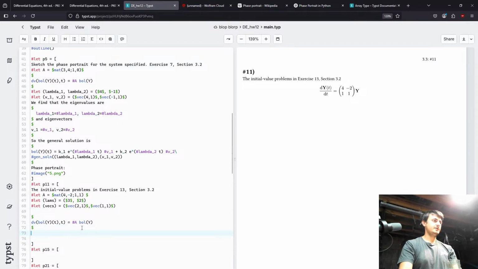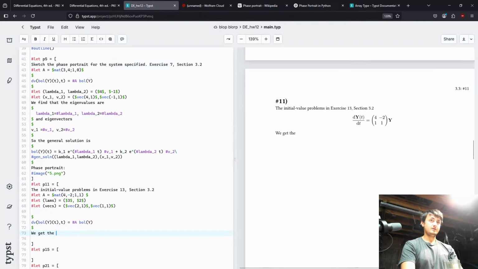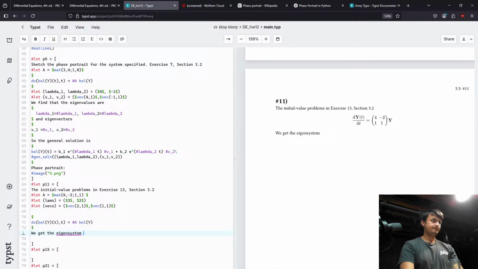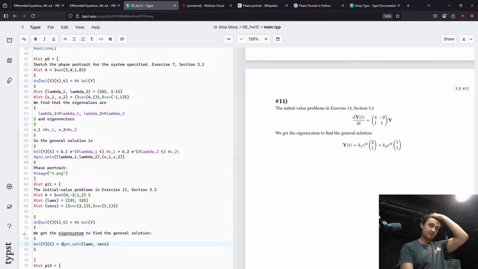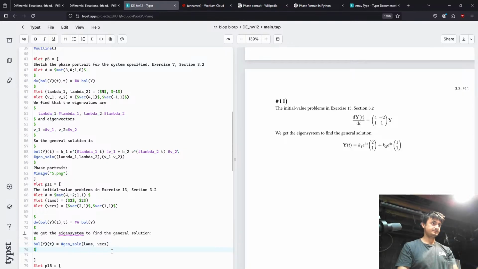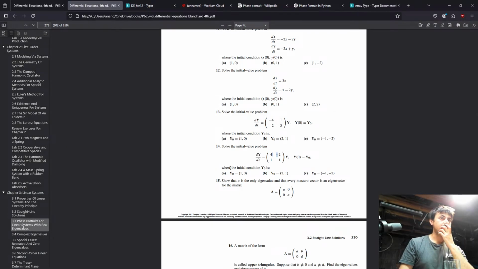Now we get the eigensystem, and this is going to be the system to find the general solution, and that's going to be y(t) is equal to gen solution lambs vex. But I think I have to hash this. Okay, and so now I'm just plotting these, right?